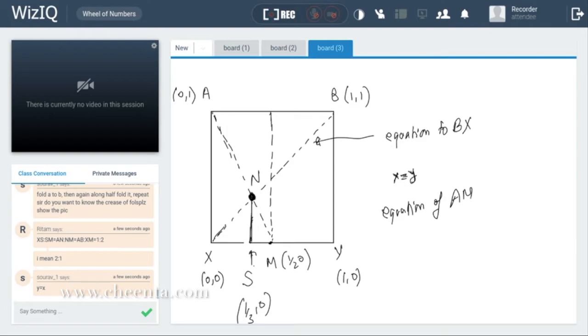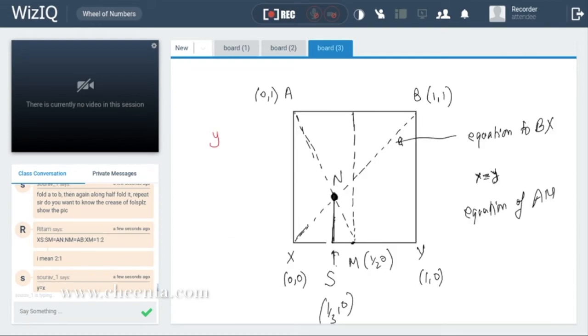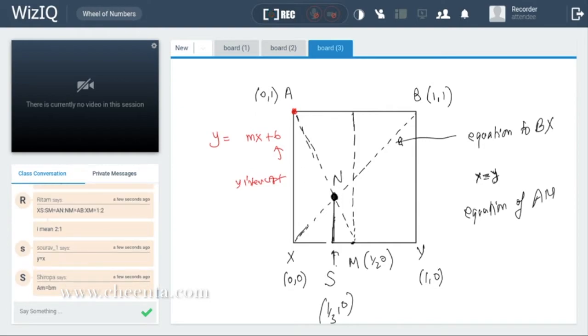So if you are familiar with a little bit of coordinate geometry, then you will immediately see that it is y equals mx plus b. So b is the y-intercept, the point at which the line hits the y-axis. So that's 1. So y equals mx plus 1.